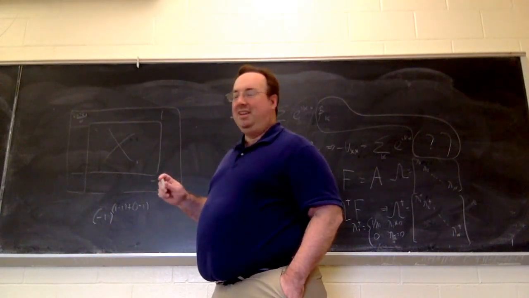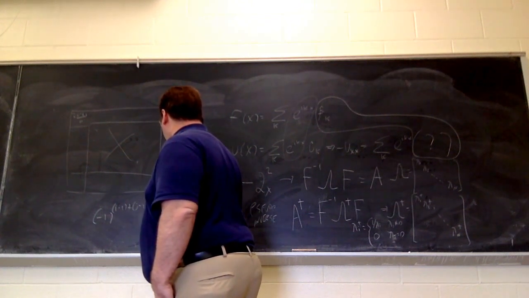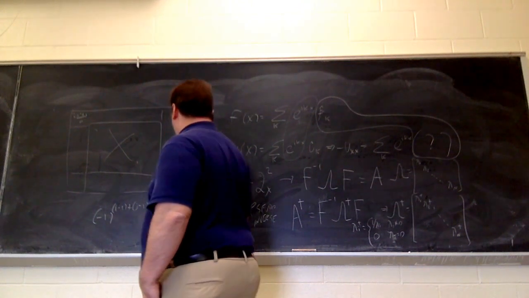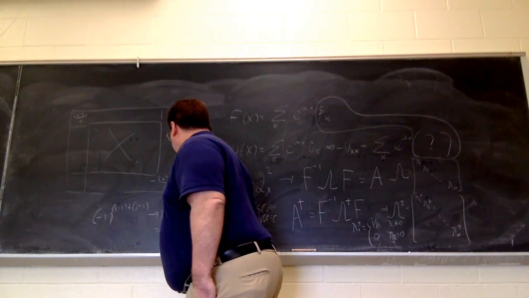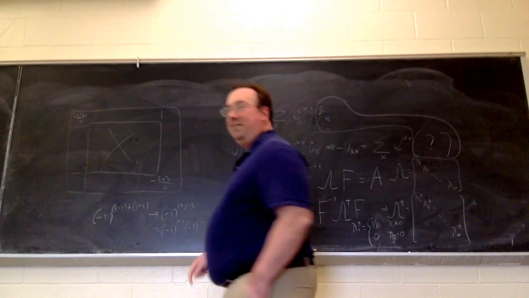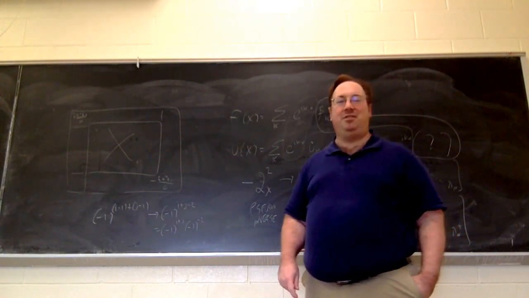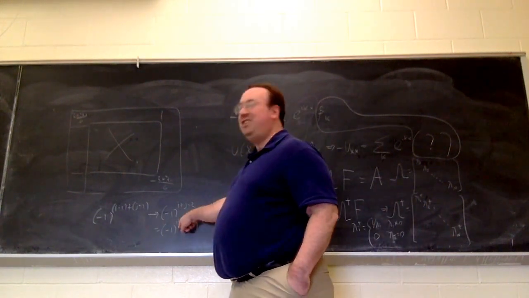But for convenience, that's the same as minus 1 to the i plus j minus 2, which is the same as minus 1 to the i plus j and minus 1 to the minus 2. The minus 1 to the minus 2 is 1. So in fact, you don't have to change that one.